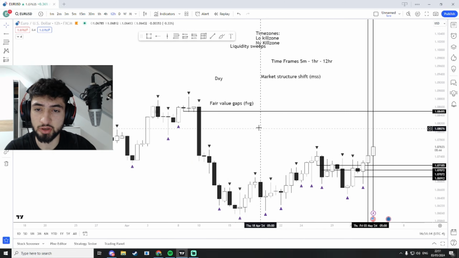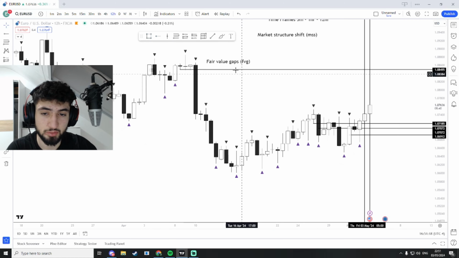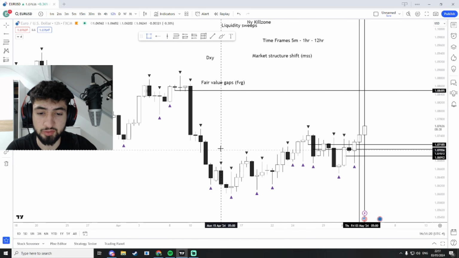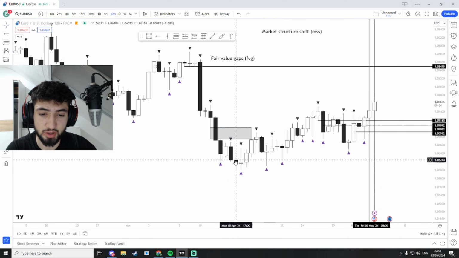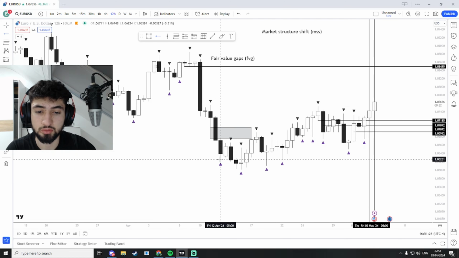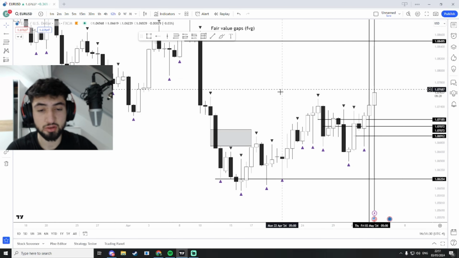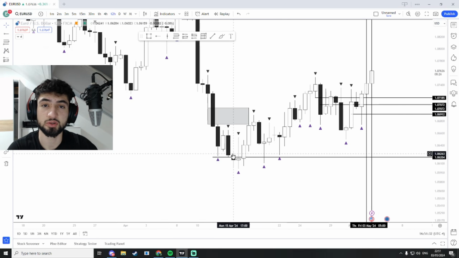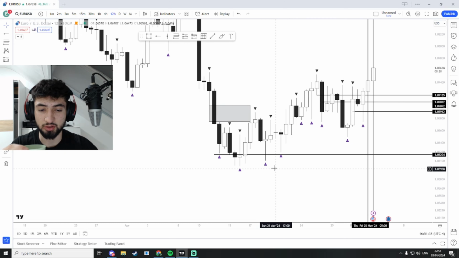If I see a fair value gap, let's go on the 12 hour. If I see a big fair value gap somewhere like here, and I see price has come down to this low, I wouldn't really want to trade the day after. I would want to see if price will go for the fair value gaps, and if it doesn't, then I could expect something.